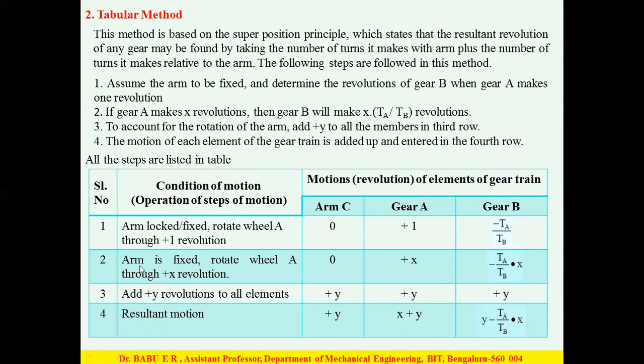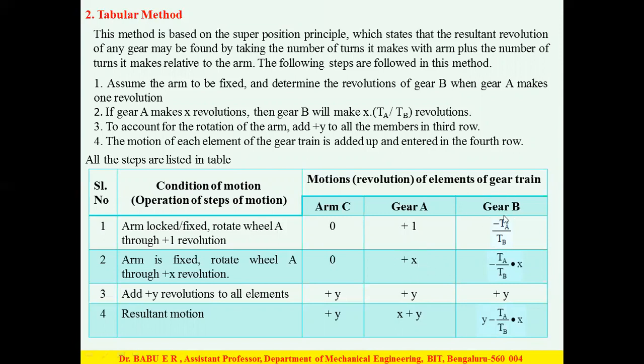Go to the second step. Rm is fixed. Rotate wheel A through plus x revolution. So instead of rotating plus one revolution, you have to rotate through plus x revolution. Rm is fixed, so this will be 0 only. The gear A, instead of one revolution, we will rotate for x revolutions.